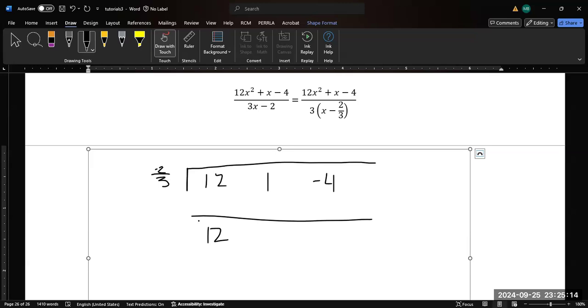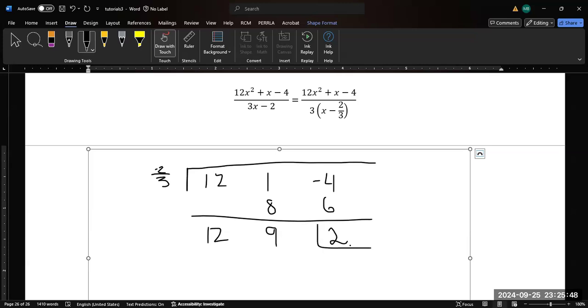Now, 12 by 2/3, the 3 is going to reduce. 2/3 times 12, I'm going to end up with 3 canceling and leaving me a 4 times 2, which is 8. And then I add, and then I multiply 2/3 times 9. Again, my 3 in the denominator is going to cancel. It's going to leave me with a 3 times 2, which gives me 6. And then I add, and I get 2.